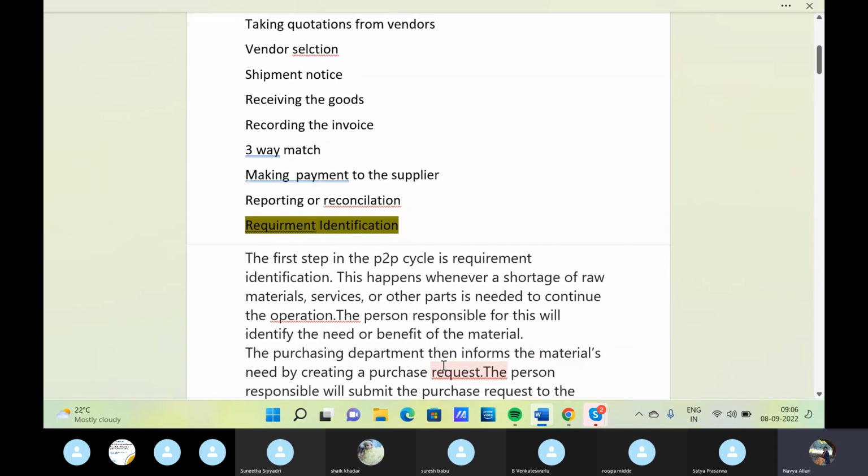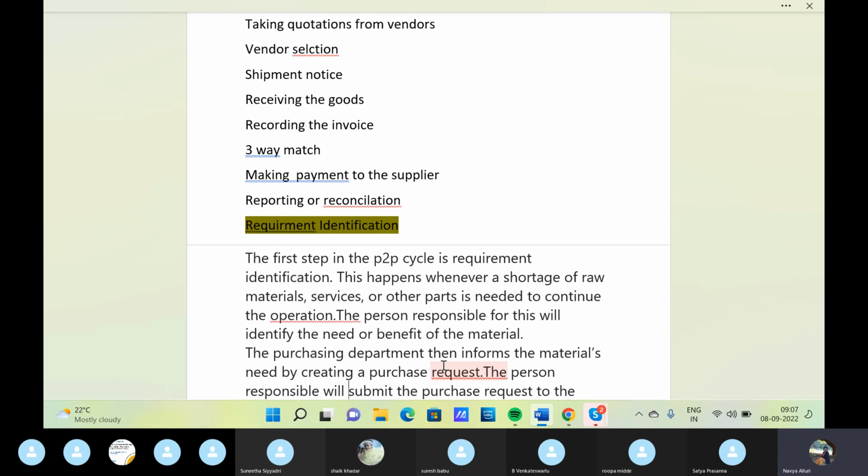Requirement identification means we start here, because a business, such as a manufacturing company, needs materials or services, labor charges, labor services, etc. So at that time we are purchasing the raw material.